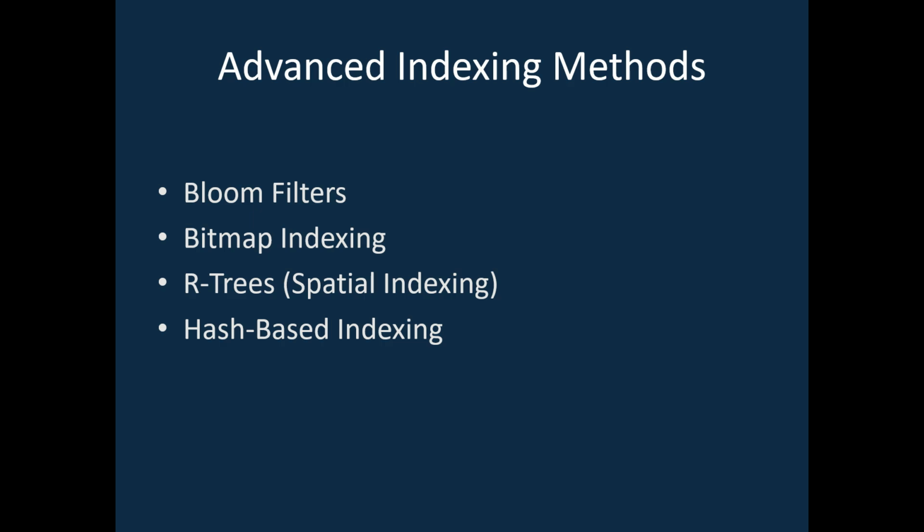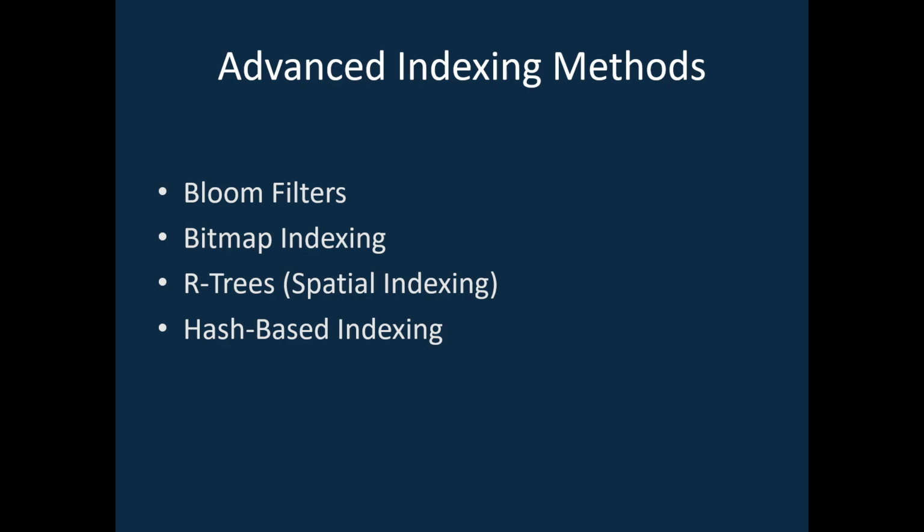We are moving into the next topic, indexing. What is indexing? There are Bloom filters, bitmap indexing, R-trees for spatial indexing, and hash-based indexing. What are these? Large-scale and distributed systems need more efficient indexing structures than traditional B-trees.